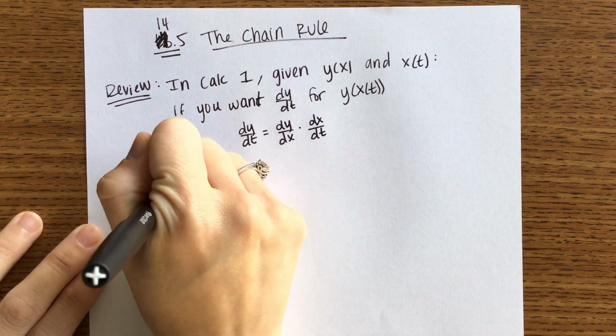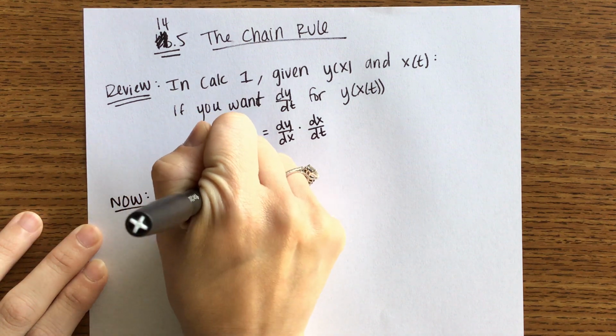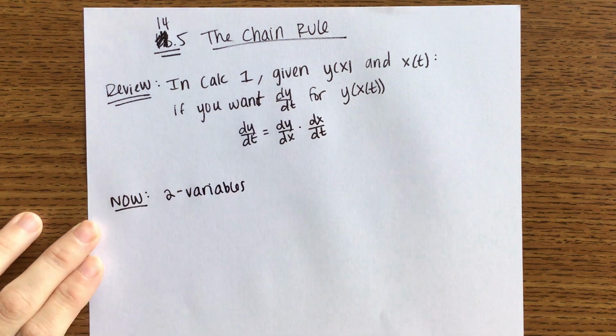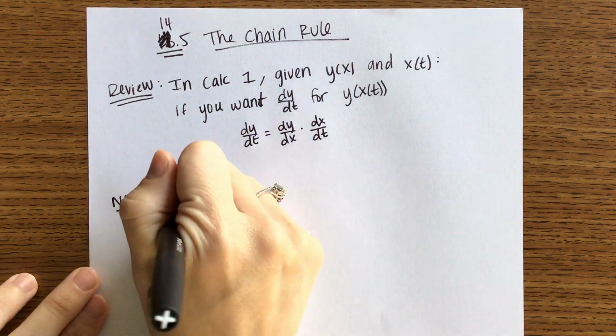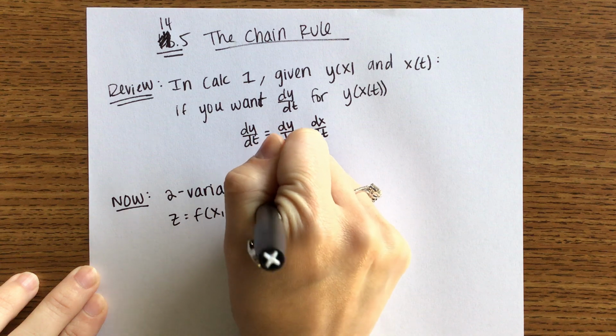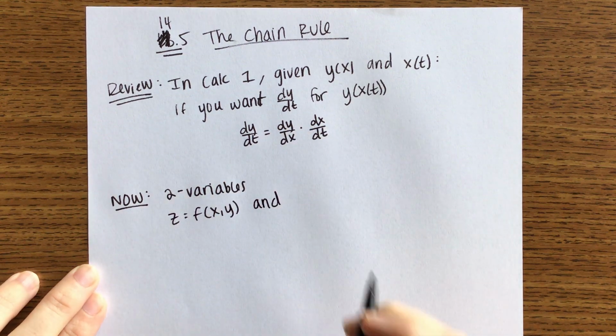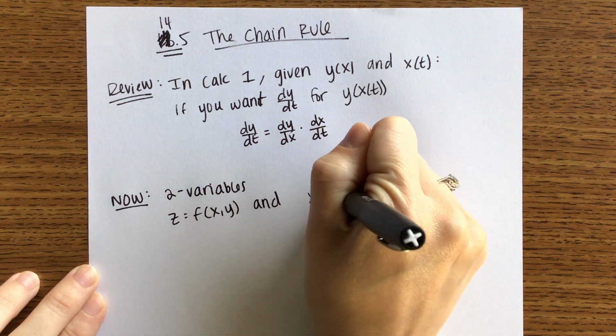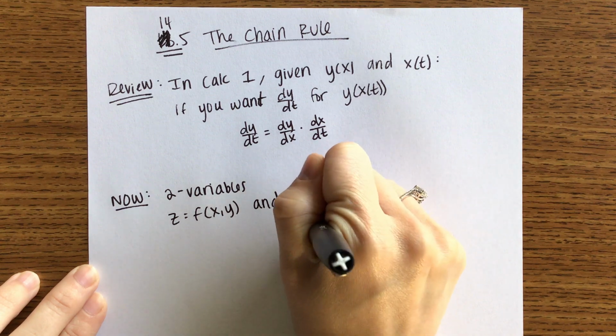So now what we're going to have is a function of two variables, sometimes more, but maybe we have z that is a function of x and y. And you're going to have x is some function of t, and y is some function of t.